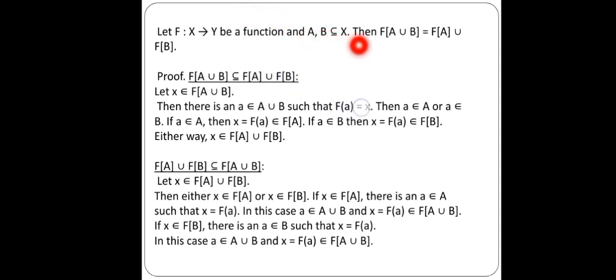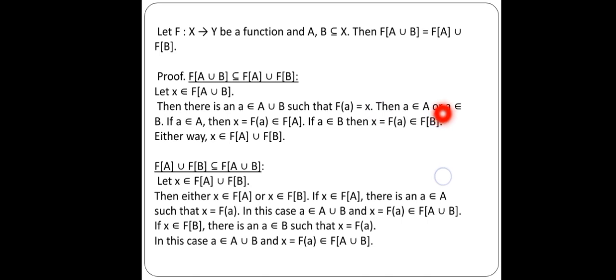a subset of X. Then f of A union B is equal to f of A union f of B. So we have here the proof that f of A union B is a subset of f of A union f of B. Let x be an element of f of A union B, then there is an element a of A union B such that f of a is equal to x.